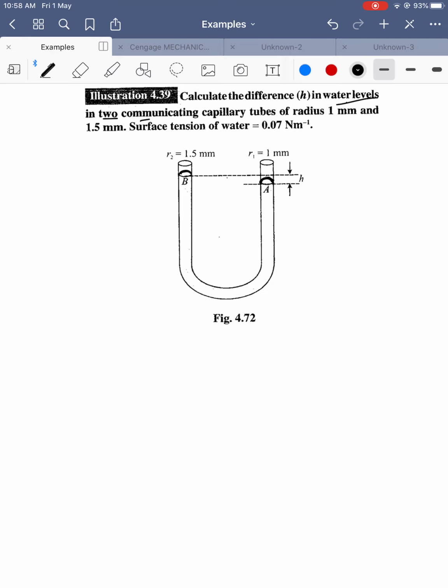Now PB and PA, apply the same principles. See, P at the bottom 1 and P at the bottom 2 will have the same pressure. So what is it just below the water surface? PB is more. PB minus P atmosphere is equal to 2T by R, because the surface is like a spherical surface.